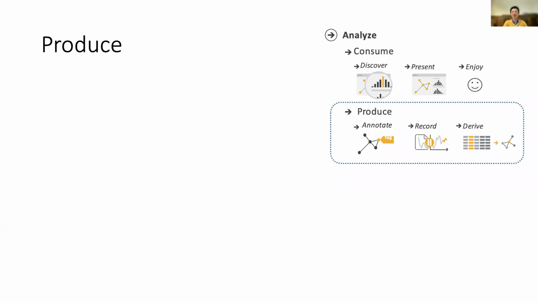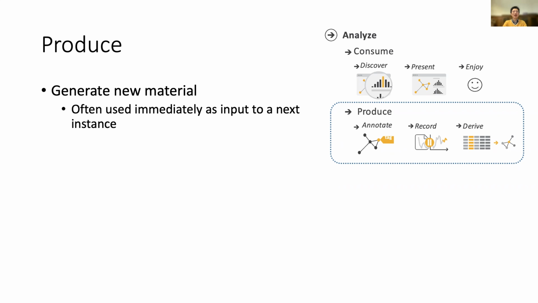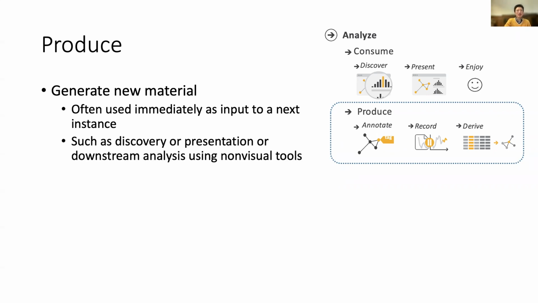For example, you have this car database, and you just manually add new models and some data about those new models. No, not like that. The produce part is all based on what is already in the data. This is usually just used to help the analysis process. We're going to talk about each of these in more detail in the next few slides.